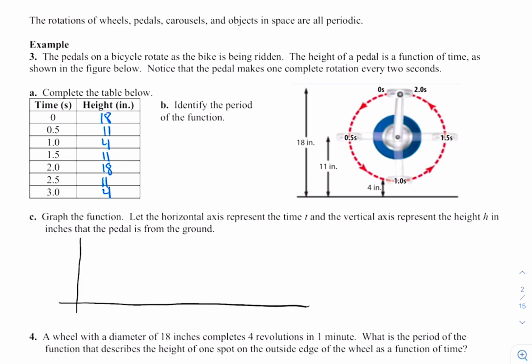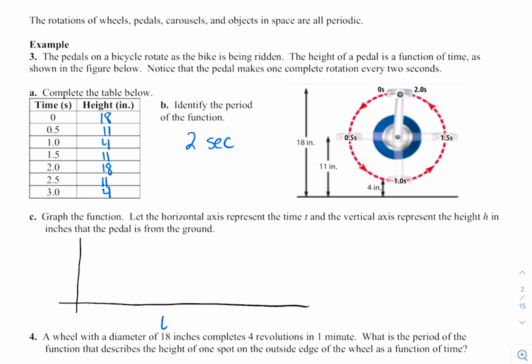So my time is going to continue to increase depending on how long I'm on the bicycle, but my y values are going to continuously rotate between 4 and 18 depending on where we're at in this cycle. So the period of this function is going to be 2 seconds, because that's how long it takes me to complete 1 full revolution. Then to get our graph, we're just using this table here and plotting our points.